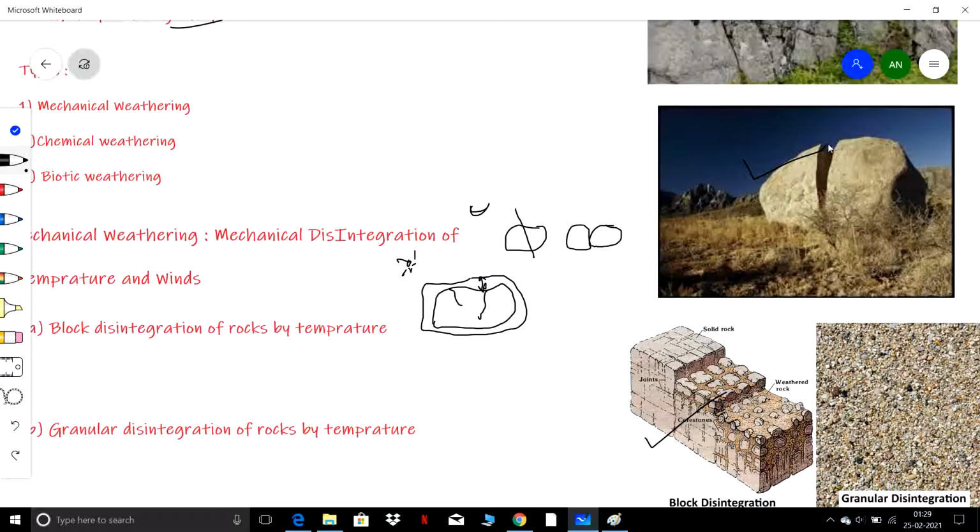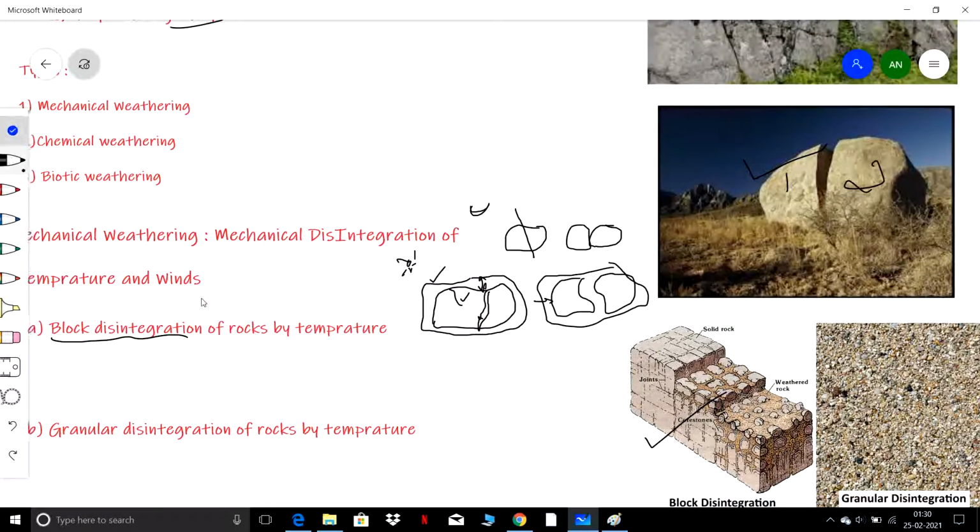Over a period of time, these fractures will be completed and the rock will disintegrate into two blocks. Hence, block disintegration by diurnal temperature changes: by day it expands, at night it contracts, develops cracks, and disintegrates. This is block disintegration by temperature.